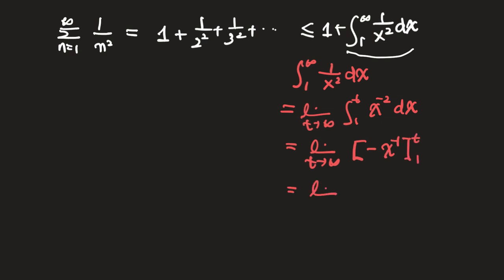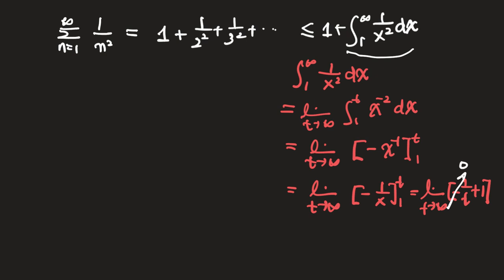This is the limit as t approaches infinity of negative 1 over x, from 1 to t, which is negative 1 over t plus 1. As t approaches infinity, negative 1 over t goes to 0, so this one is 1. Okay, so from here, what do you know?